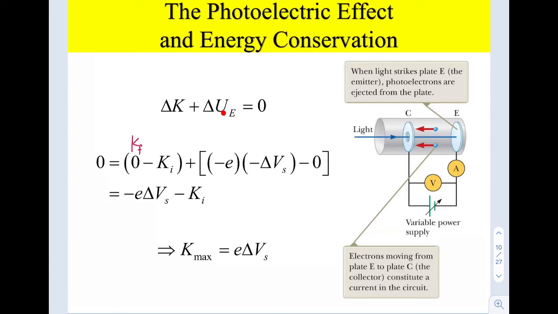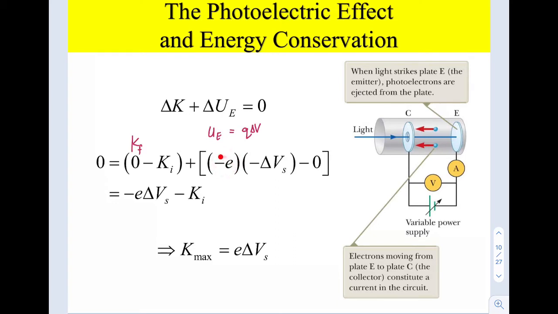We know that electric potential energy for a moving charge is equivalent to QV. So for this case, Q delta V.